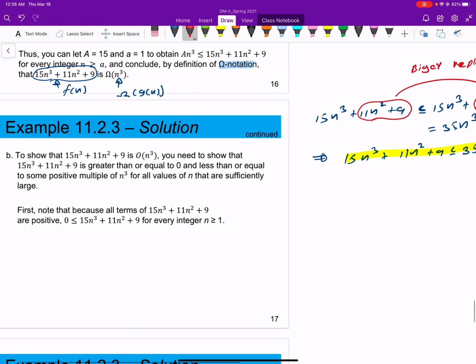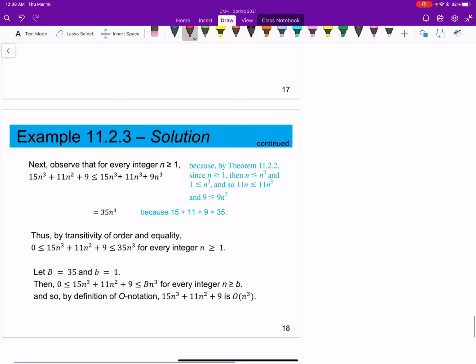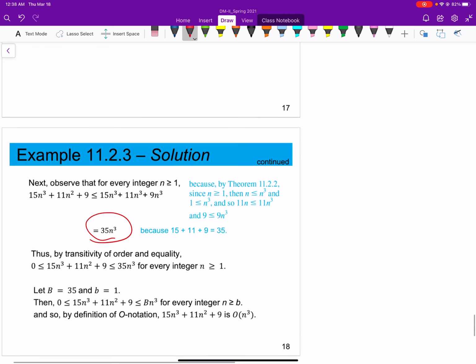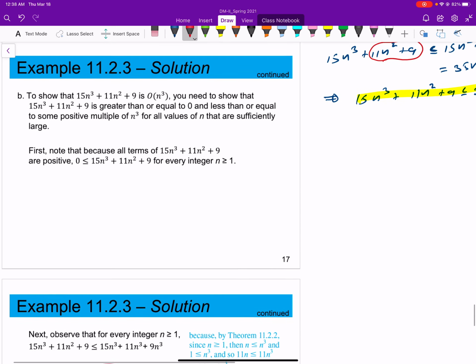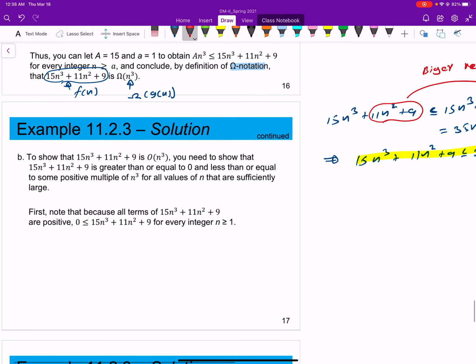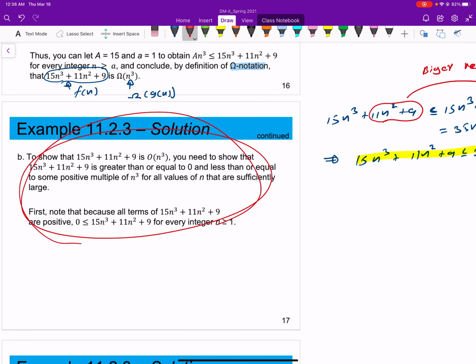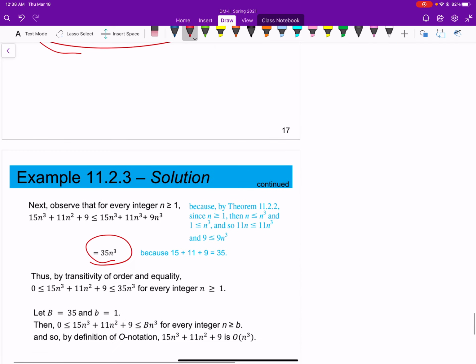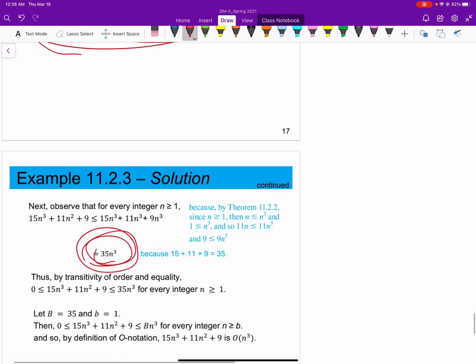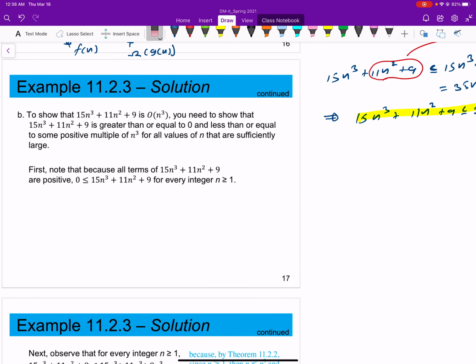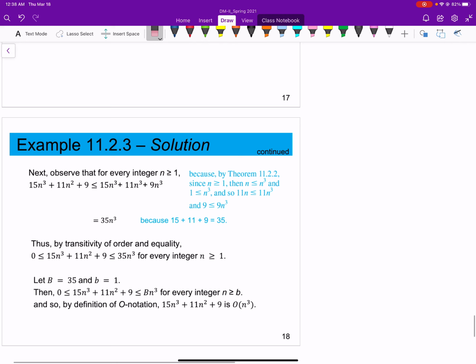All right, that is actually given in this slide. In the next slide, I have shown it is bounded above by 35 n to the power 3. But here I am showing some other aspects, whether it is positive and all. So you can read and understand this part. The most important part is just taking this upper bound.